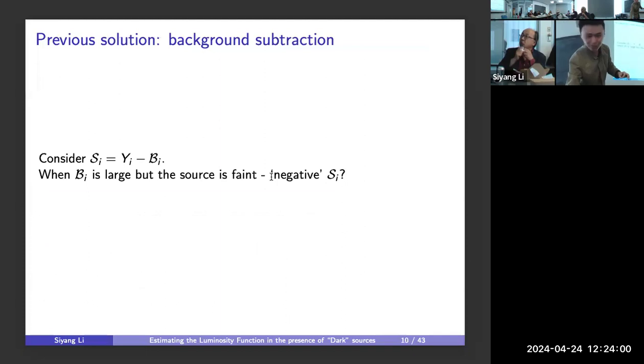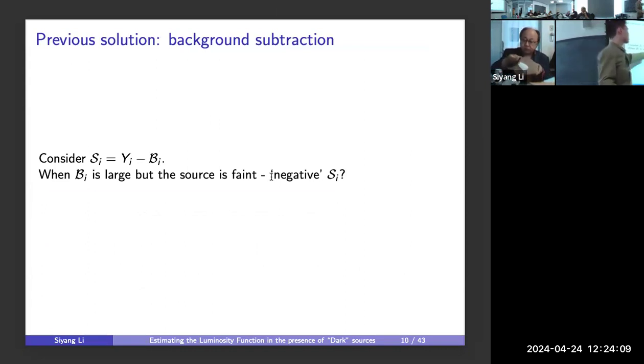One previous solution to this background contamination problem is to simply use an average background rate in the region, and then use the observed number of photons in each source region to subtract this average background photon count.